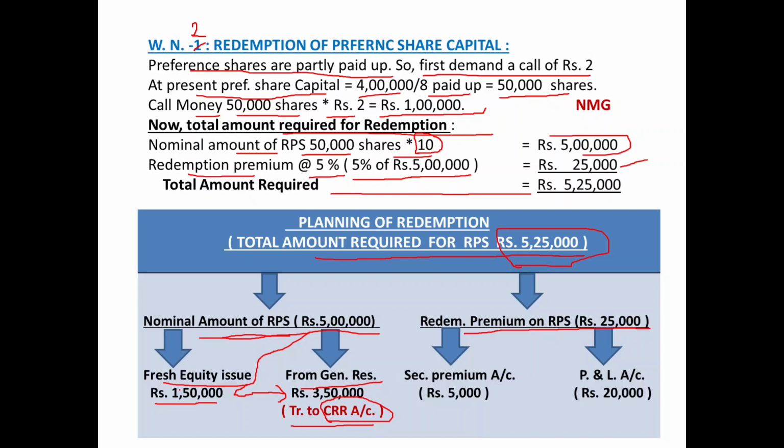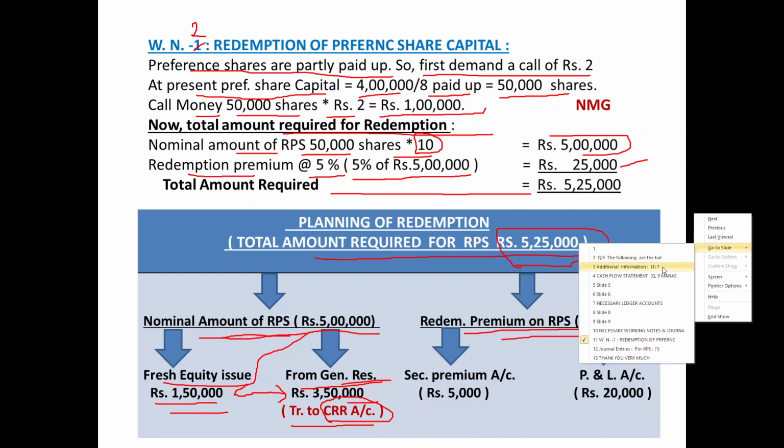So fresh equity issue 1 lakh 50,000, creation of CRR from general reserve 3 lakh 50,000. Then redemption premium on RPS. We need rupees 25,000. In the balance sheet, security premium has been given as rupees 5,000 in the form of opening balance. Have a look.